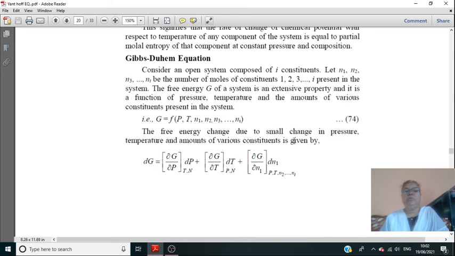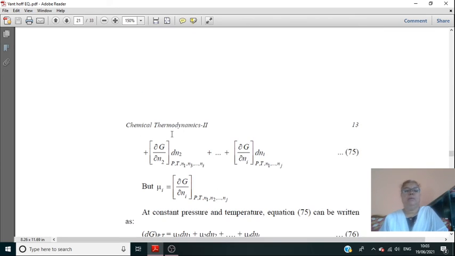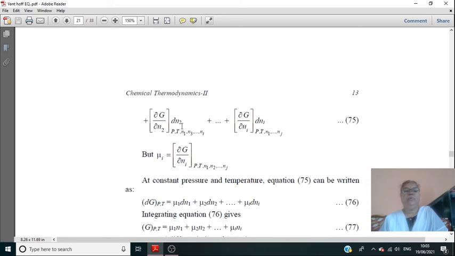Then the free energy change due to a small change in pressure, temperature and amounts of various constituents we can write as dG equals ∂G/∂P into dP at constant temperature and number of moles, plus ∂G/∂T into dT at constant pressure and number of moles, plus ∂G/∂N1 into dN1 at constant pressure, temperature and N2 up to Ni, plus ∂G/∂N2 into dN2 at constant pressure, temperature, N1, N3 up to Ni, plus so on, plus ∂G/∂Ni into dNi at constant pressure, temperature and N1, N2 up to Nj.